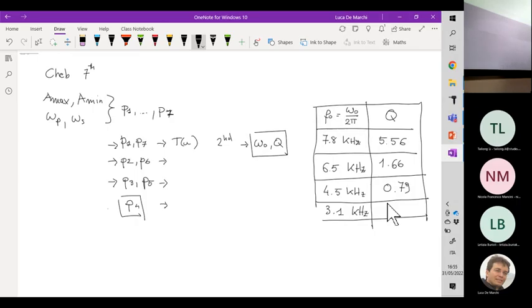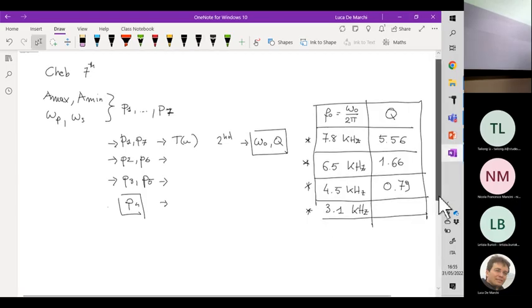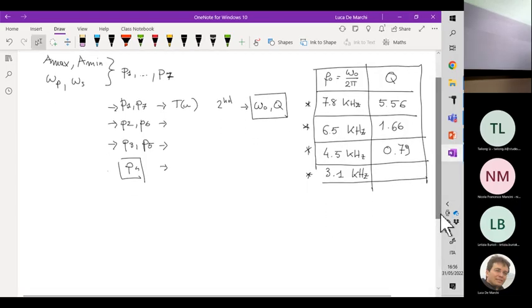Okay, now you have to implement this with a circuit topology, okay? You have to implement all these stages, 1, 2, 3, and 4. One way to do so is to use the Sallen-Key topology. Sallen-Key topology is something like this.